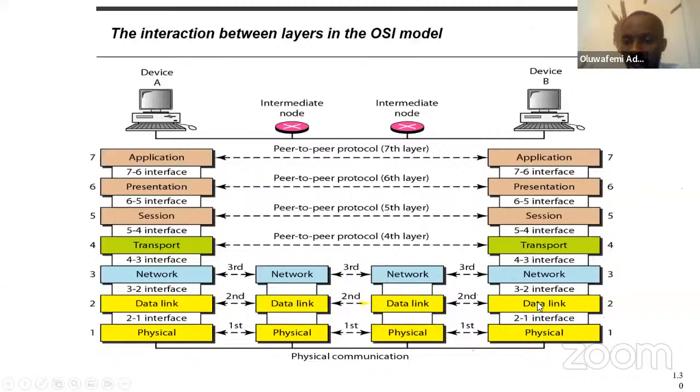Then this one unwraps the MAC address. Then this one unwraps the network, the IP address. Then this guy in the transport layer checks what medium is being used to transfer. Is it TCP or UDP? If it is TCP, now there's always communication between these two guys. If you notice, there's peer-to-peer. Do you understand? This guy has to communicate to this guy.